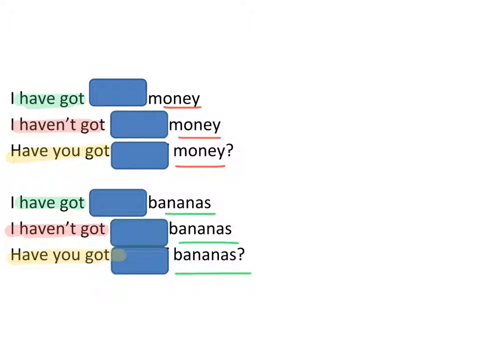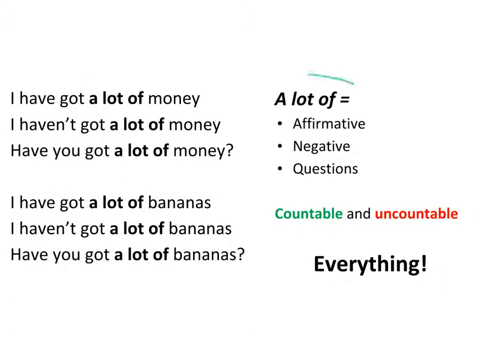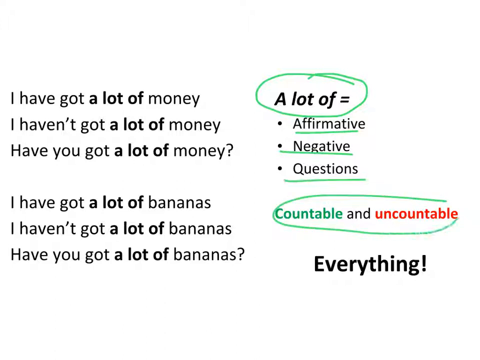Which word or words can we use in the affirmative, negative and question forms for countable and uncountable nouns? That's right, it was a lot of. We can use a lot of in the affirmative, the negative, and for questions, for countable and uncountable, which means we can use a lot of for everything.